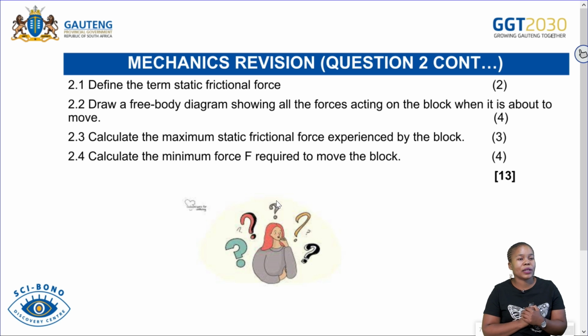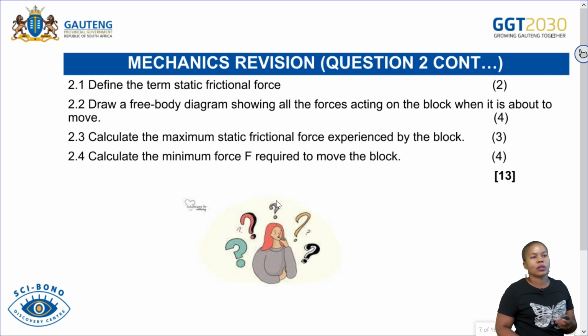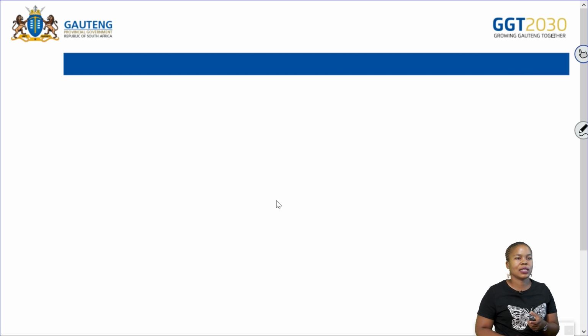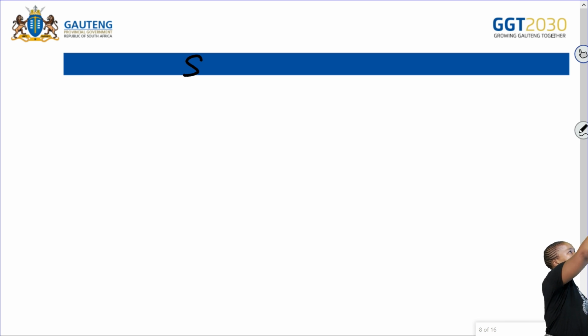But right now, what we are doing is defining the term static frictional force. It is a type of frictional force that acts between two surfaces when the object is static, meaning stationary. So let's have our solutions on this side. This is our solutions for question 2.